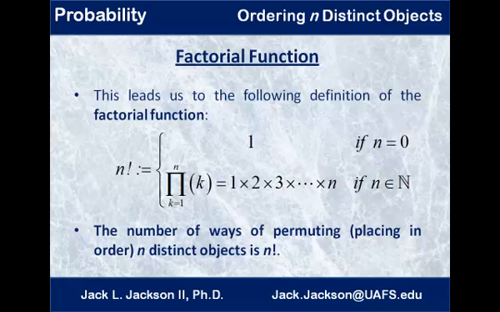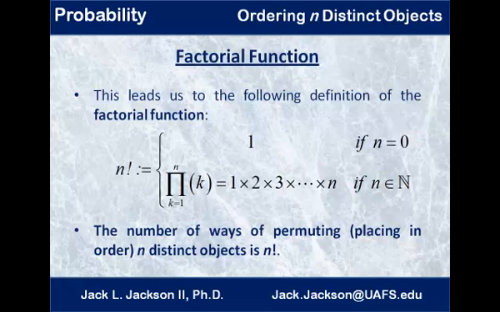Of course, lowercase pi is a specific number. It's the circumference of a circle divided by its diameter. But capital pi is a lot like the capital sigma. Remember, we use capital sigma for summation notation, which meant basically add them up. And capital pi is product notation for basically multiply them out.